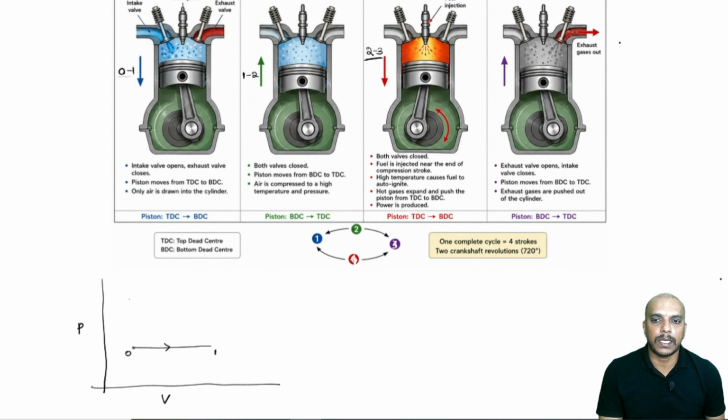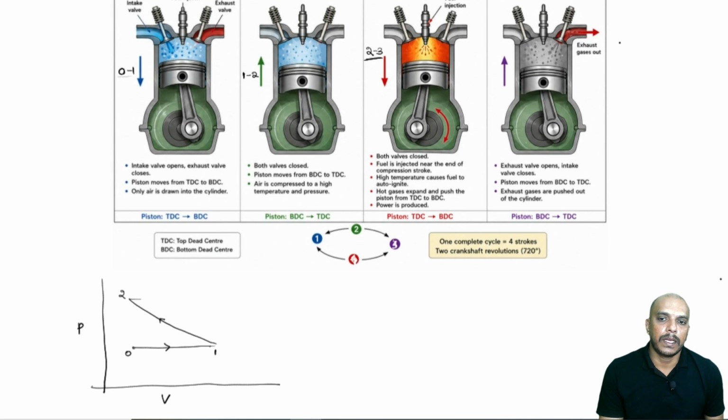And then the compression takes place, which we named reversible adiabatic compression, and that will be 1 to 2. Then we said since the temperature of the air at the end of compression stroke is so high that it would have reached auto ignition temperature, the moment we inject the fuel, it undergoes combustion and starts expanding in the cylinder and pushes the piston downward.